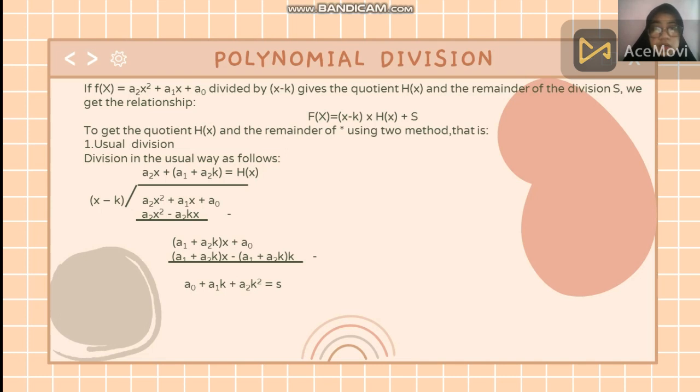To get h(x) and the remainder, we use two methods. One, usual division. Division in the usual way, as follows, like the one on the screen.